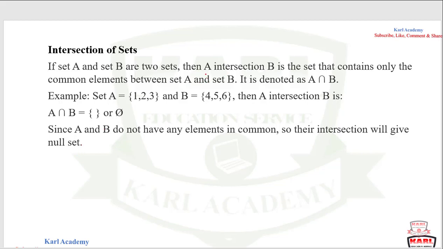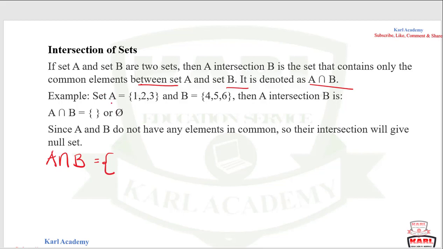As you see here, if set A and set B are two sets, then A intersection B is a set that contains only the elements that are common between the two sets. This means that we shall only pick the elements that are contained in A, and the same elements are also contained in B. That's what we shall pick.